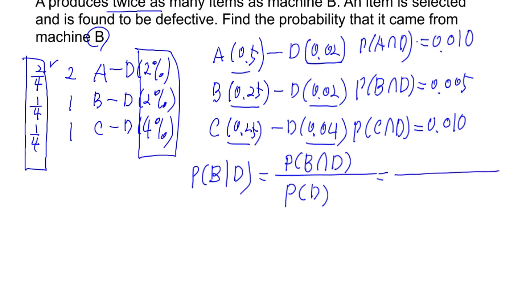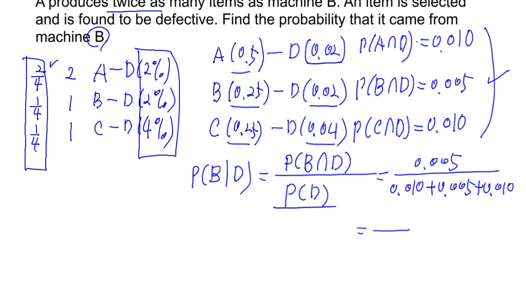So the probability of B and D was here, 0.005, and the probability of defective is the sum of all of these, right? So this is 0.010, 0.005, 0.010.